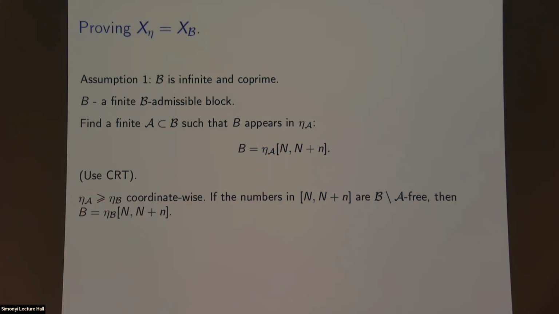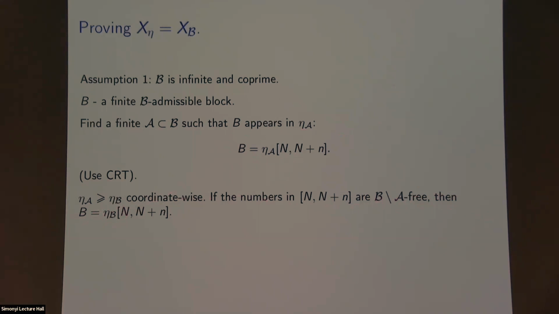If we knew that the numbers in this interval are B minus A free, we would know that our block will not be destroyed by the other elements of B, by the elements which are not contained in A. And in this case, the block will also appear in eta B as we want.